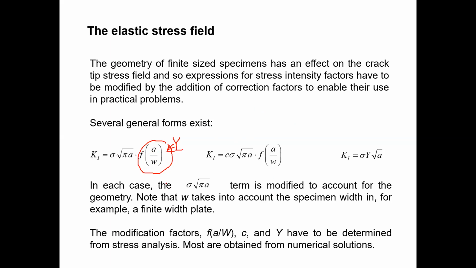We call this the modification factor. As I told you, the modification factor is a function of the a/W ratio, and Y has to be determined from stress analysis. Most are obtained from numerical solutions.